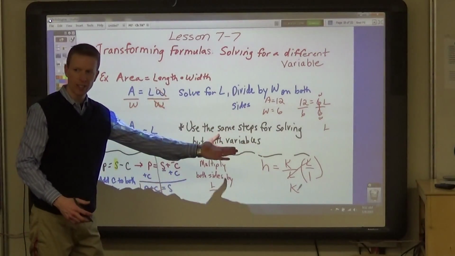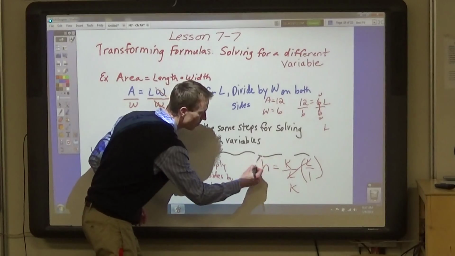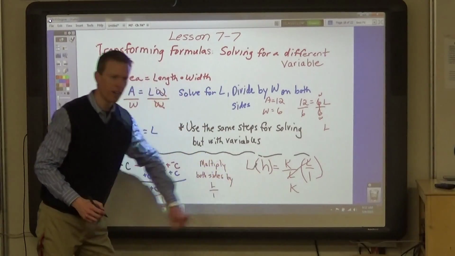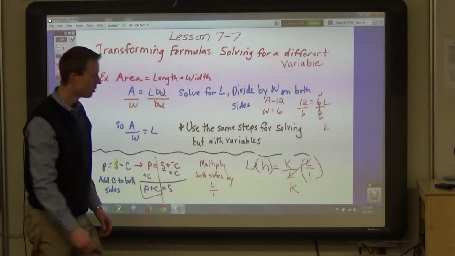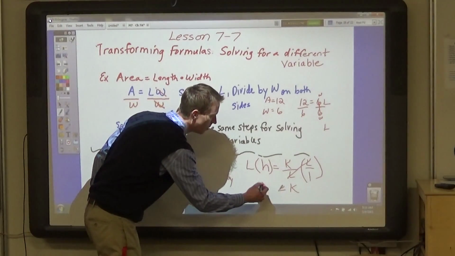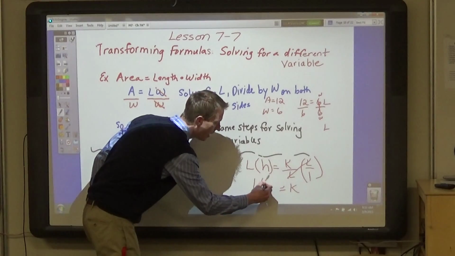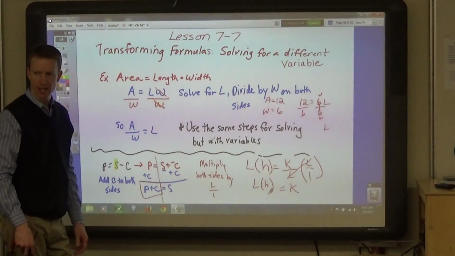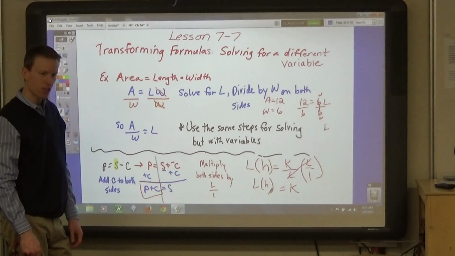And whatever we do on one side, we have to do on the other side. So multiply by L. Do we need to put it over 1? Nope. So K is equal to L times H. Or just LH, you could write that as LH. Okay?